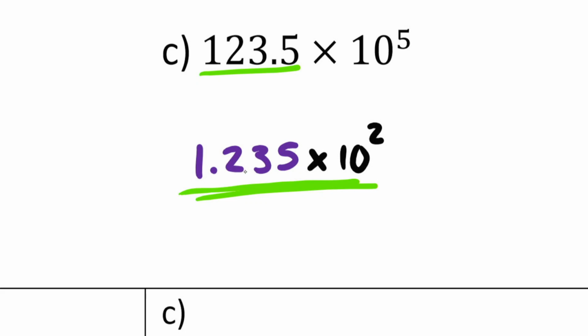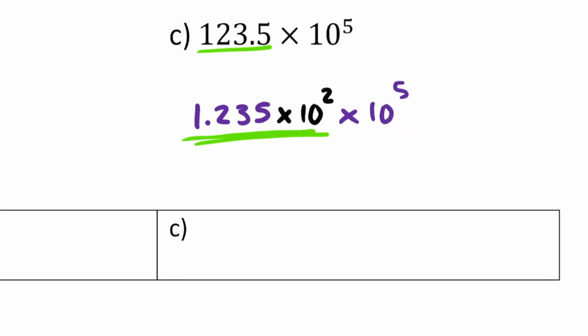Move it over once, that's 12.3, move it over again, that's 123.5. Now I got to multiply that times 10 to the fifth power. So looking closely, I have 1.235 times 10 to the seventh power. And it turns out that is this number written in scientific notation, 1.235 times 10 to the seventh power.